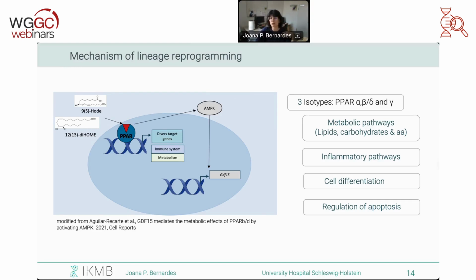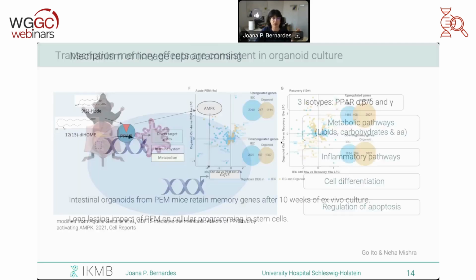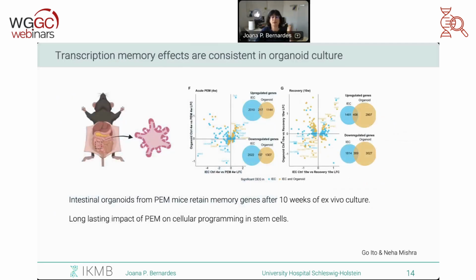So what we did is use what we have at our institute, which is organoids. The first thing we needed to know is whether we can reproduce what is happening in the intestine in organoids, in mini guts that we have in Petri dishes.